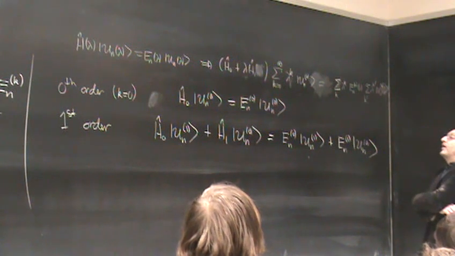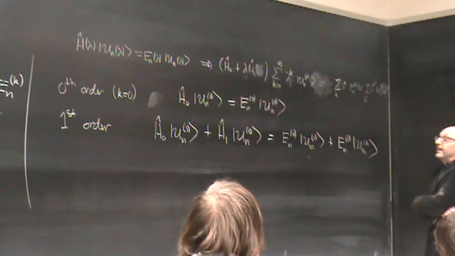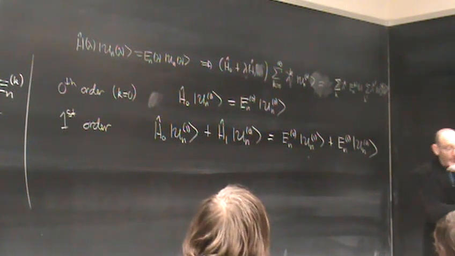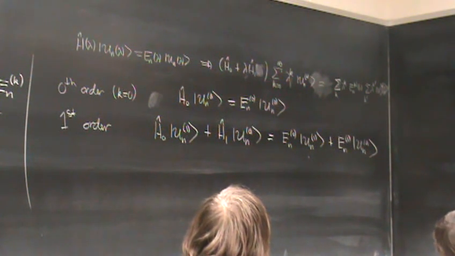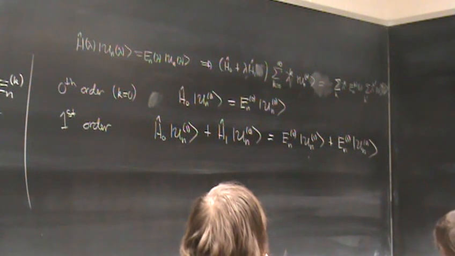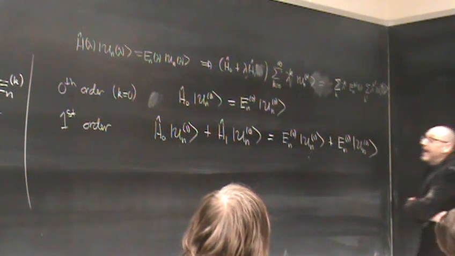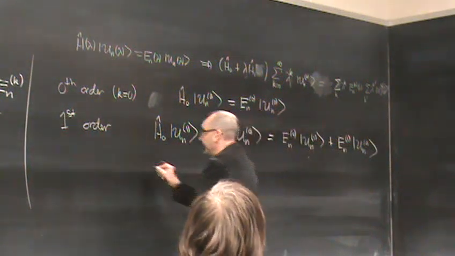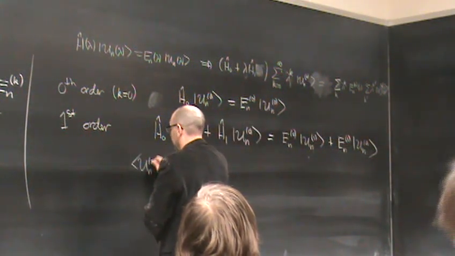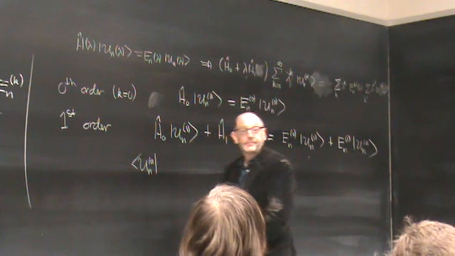And now we can solve for the 1st order correction to the energy eigenvalue and the 1st order correction to how the state changes. How do we do that? Well, what I can do is take this and project it onto u_n0. Okay?